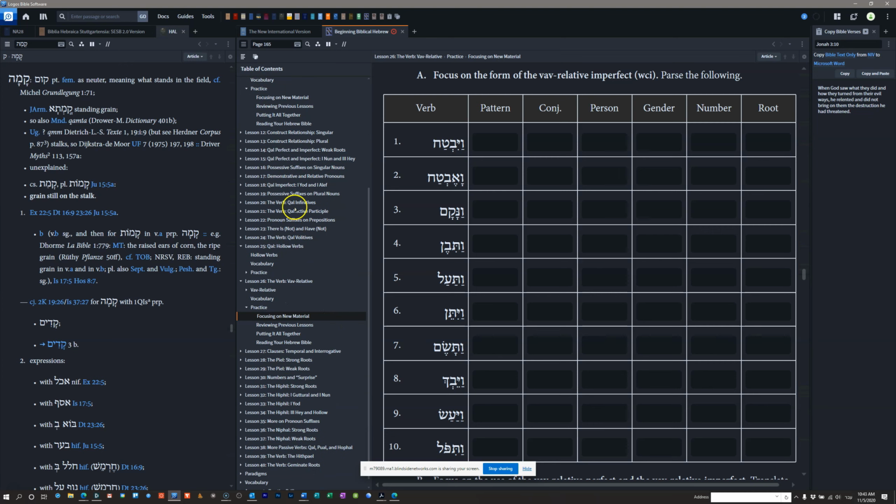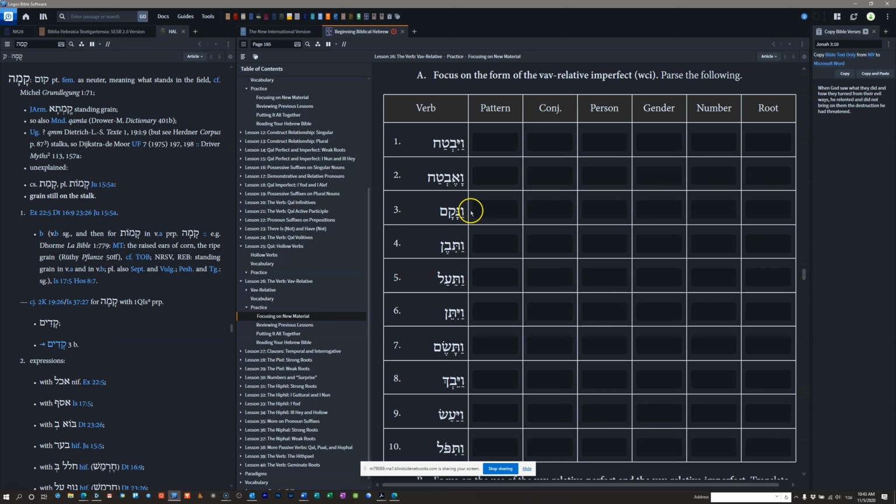We have not yet gotten to the other patterns. So nun would have to be a sign of the imperfect, and we know we're in the qal because we haven't done nifal, piel, pual, hifil, any of that yet. So we know we're in the qal, which means the nun is part of our prefix. Nun is going to indicate 1 CP, and the root is kum.